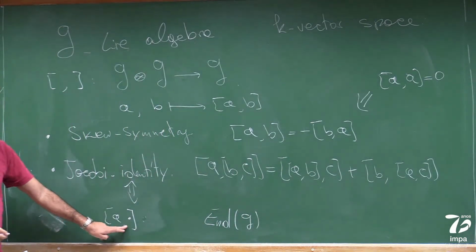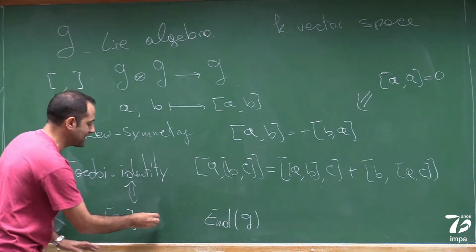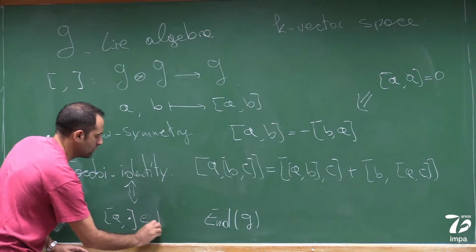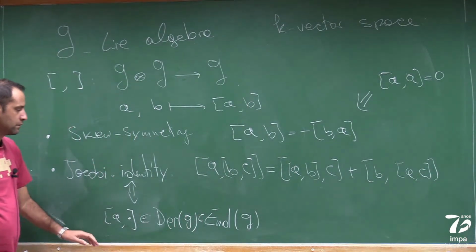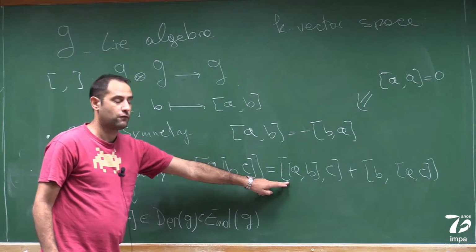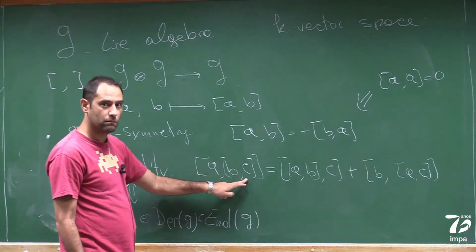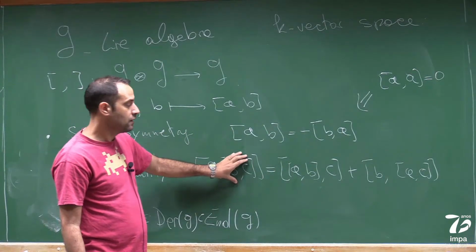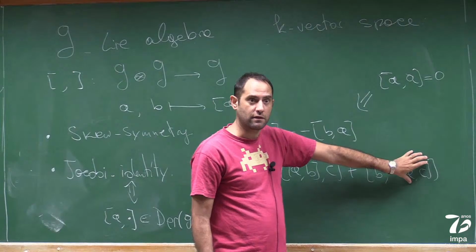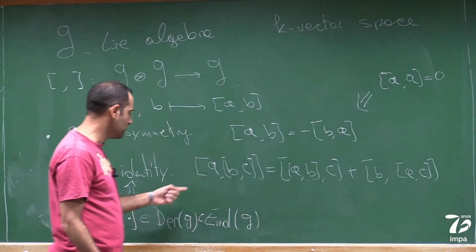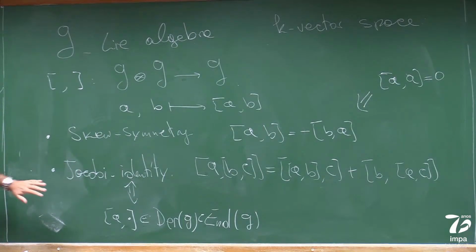It takes B to the bracket of A with B. And not only is this an endomorphism, but this is a derivation of the unique bilinear operation in G. So this is the Leibniz rule for that endomorphism. This guy applied to this element B times C is this guy applied to B times C plus B times that derivation applied to C. So this is the Leibniz rule for this multiplication. So that's the Jacobi identity.